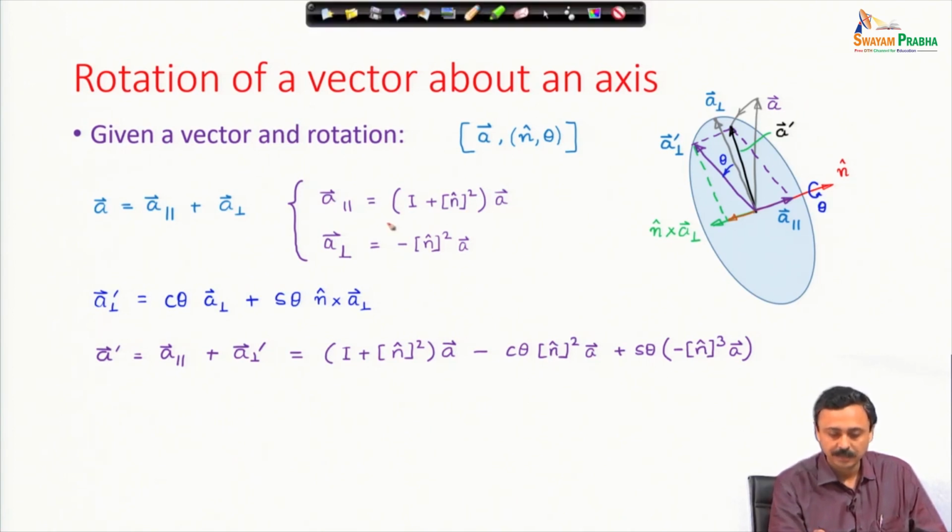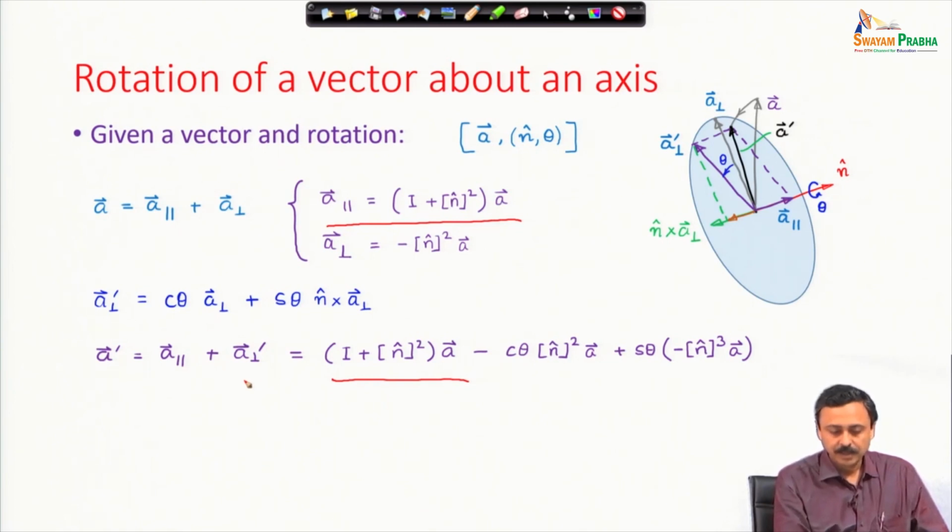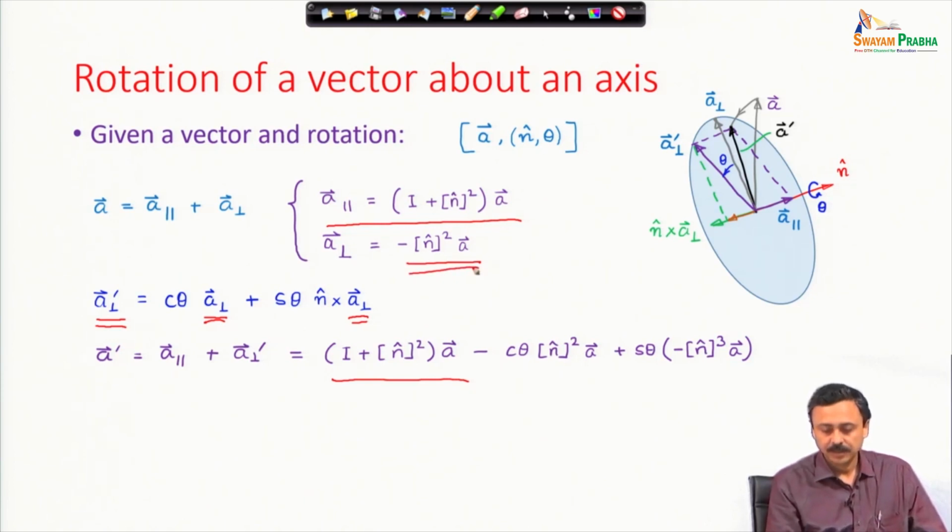I plug in A parallel and I plug in A perpendicular prime, and in order to find out actually A perpendicular prime, I need A perpendicular which are already here, and I do some simplifications.